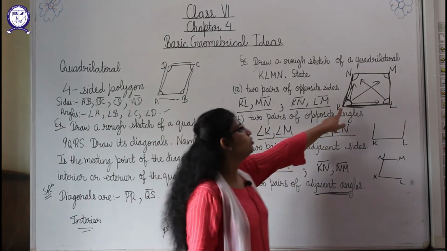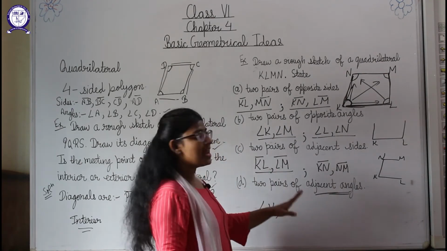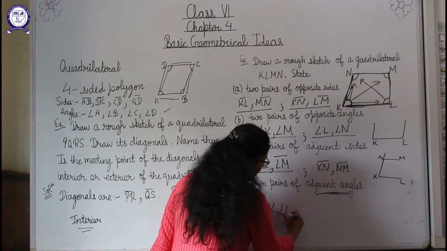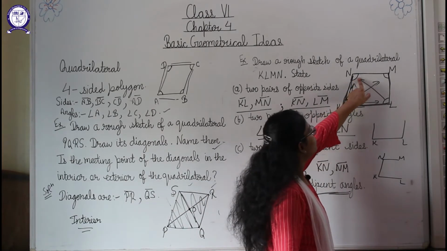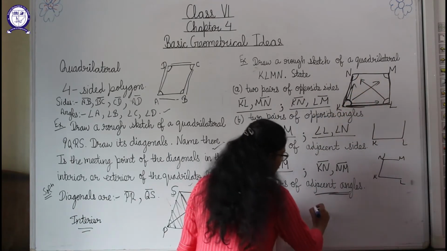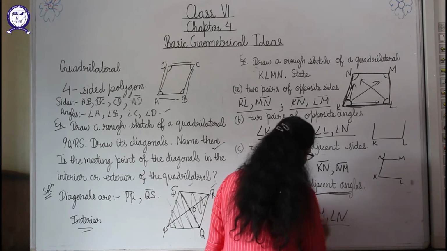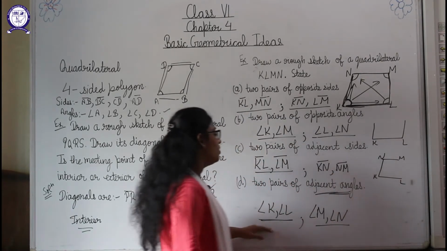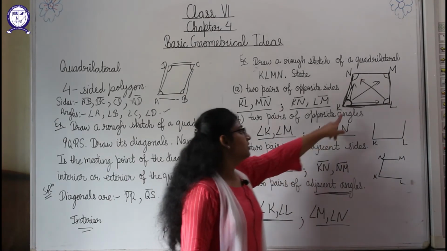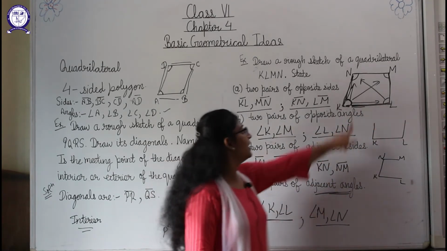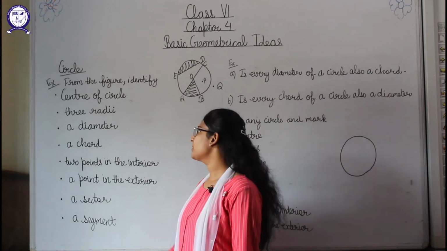Both are adjacent to K. So we will write that with angle K, I can write L or M. I am writing L. Means angle K and angle L, both are adjacent. We can take these two also, angle M and angle N, which are coming continuously. So angle M and angle N are also adjacent angles. So by this we have made the two pairs of adjacent angles here, angle K and angle L; and angle M and angle N.